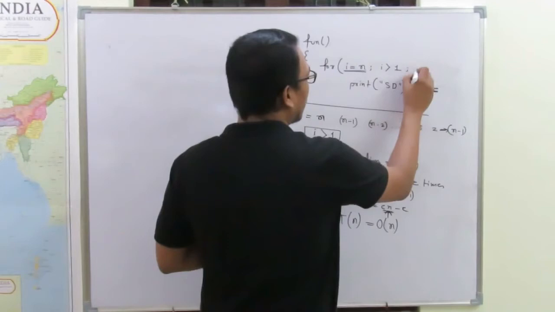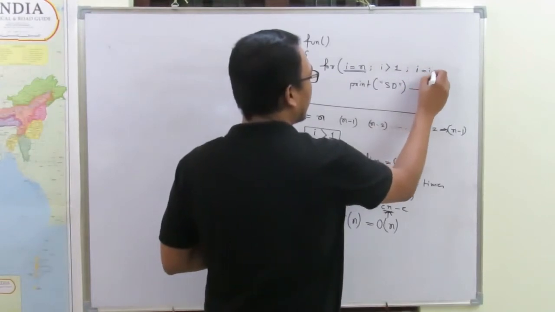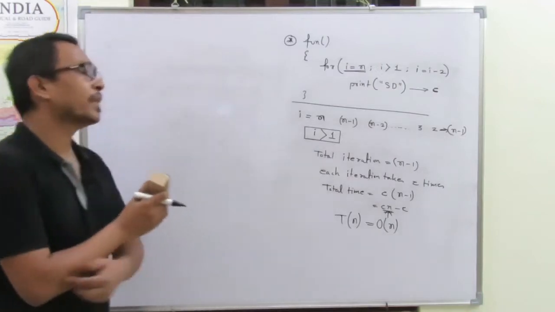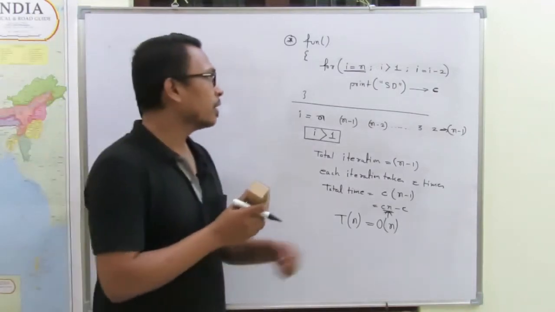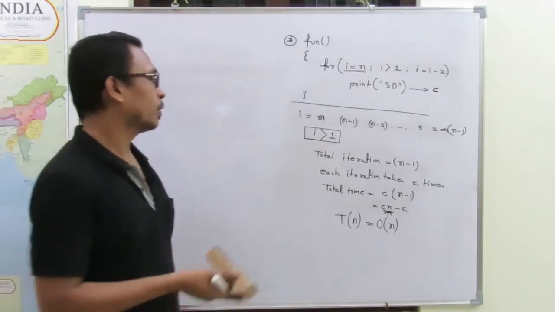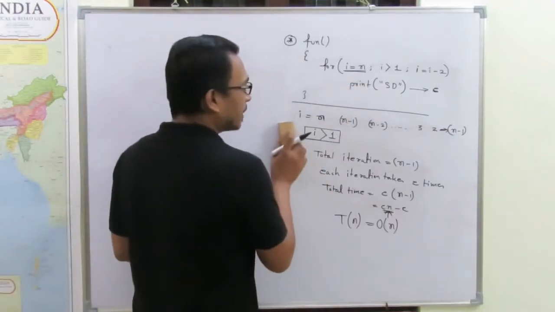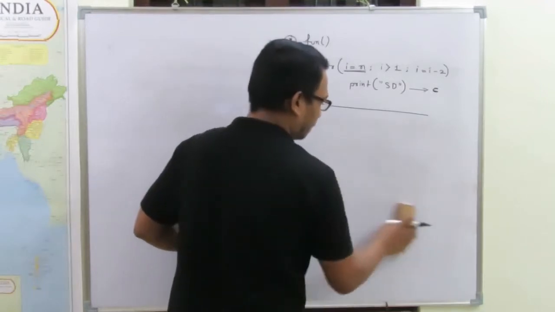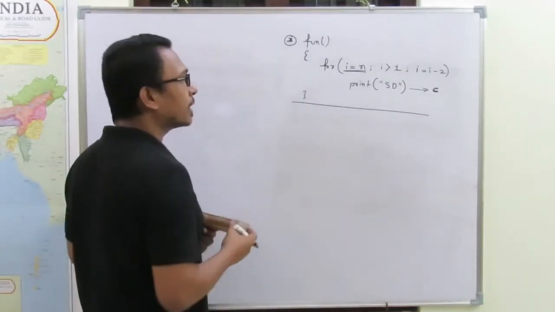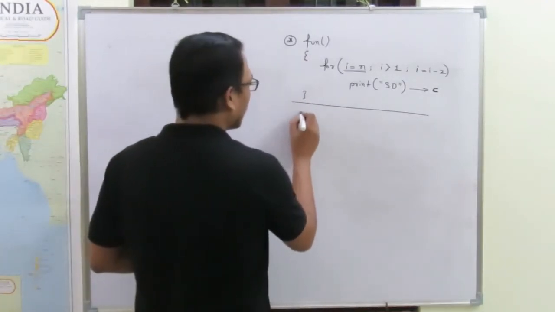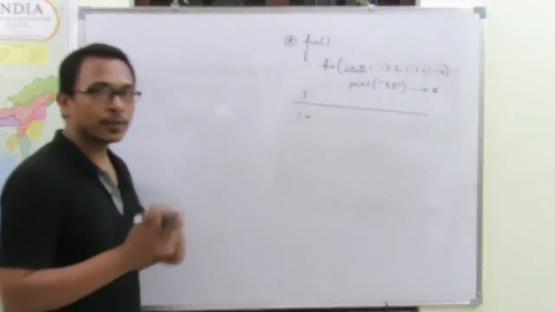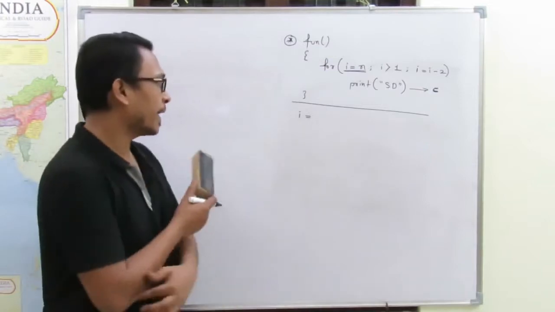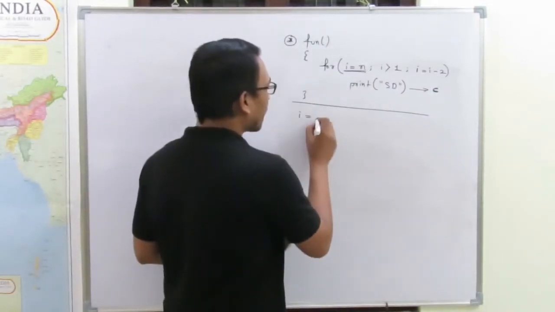Let's say now the value of I will be decremented by 2 each time. What will be the time complexity now? To find the time complexity, again we need to find the number of iterations first. For that we need to know for which values this loop will execute. So again start from n.